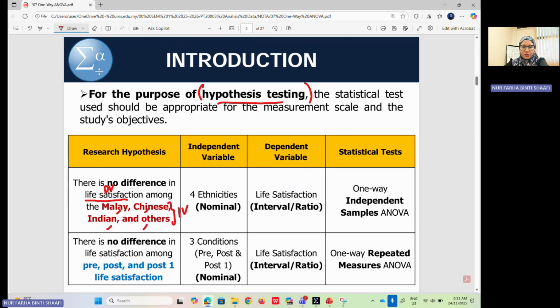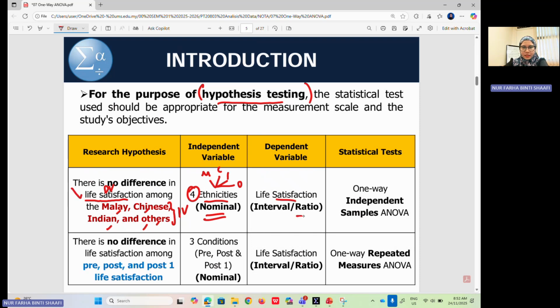In the independent variables, you have the ethnicities, as I mentioned. One is Malay, the first group, the second group is Chinese, the third group is Indian, and the fourth group is others. So 4 ethnicities, 4 groups, and it is in nominal scale. The DV is the life satisfaction here.